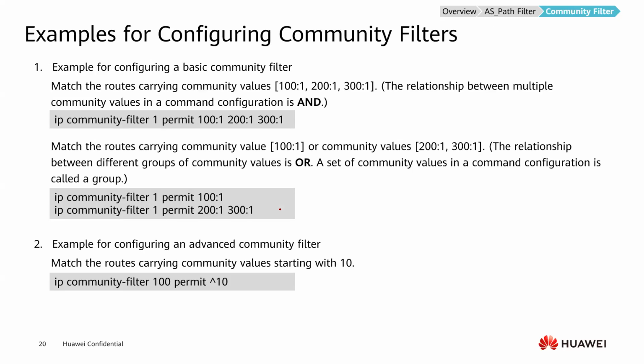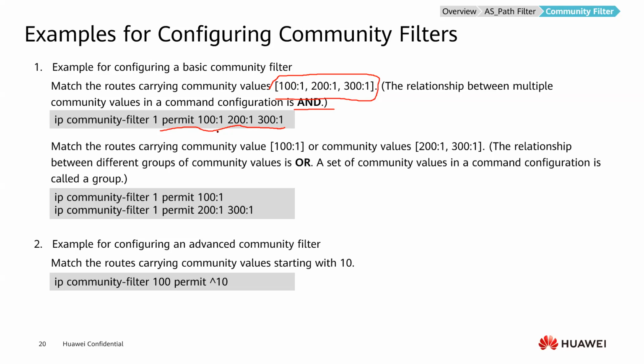Okay, this is an example for configuring the community filter. First, if you configure just one row for the community filter, the relationship within this group of communities is AND.